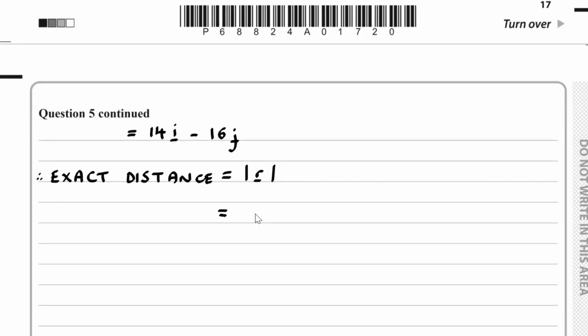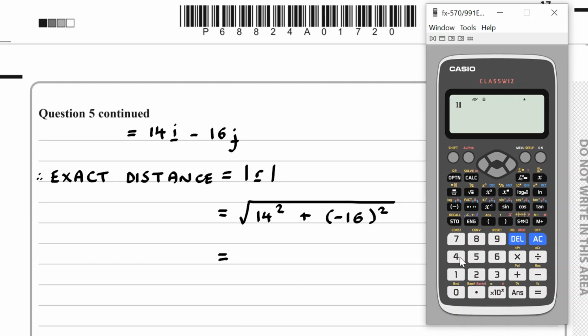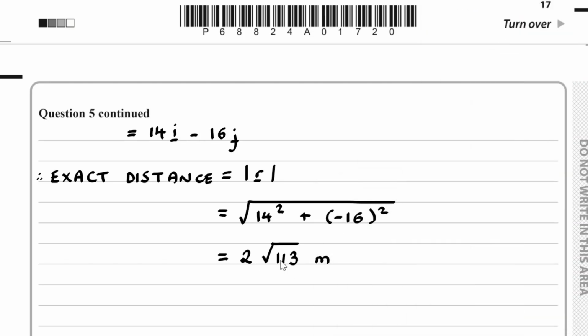So we've got 14 squared plus minus 16 squared, all square rooted. 14 squared plus 16 squared, square rooted, is 2 times the square root of 113. Don't forget the units of meters. Now, because it said exact distance, we don't need to round this to 3 significant figures. So the exact distance is 2 root 113 meters.